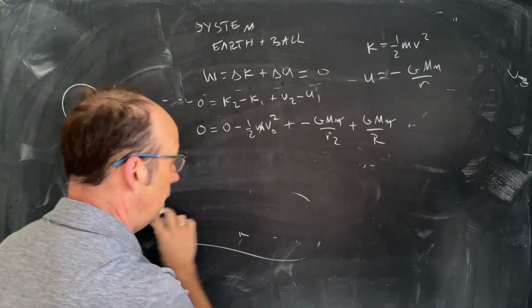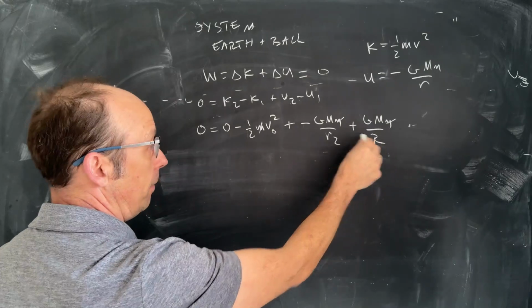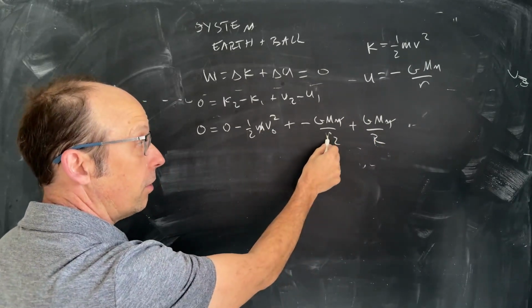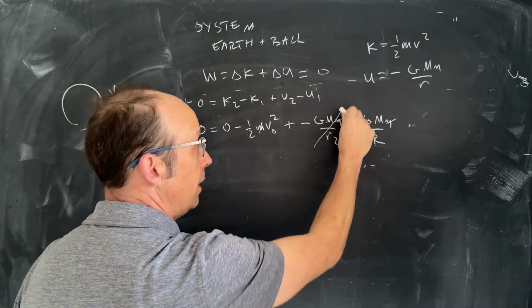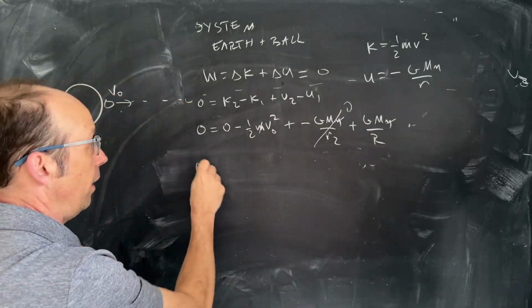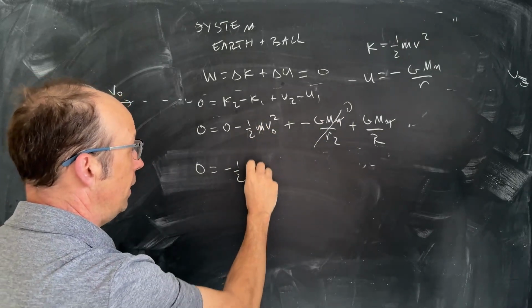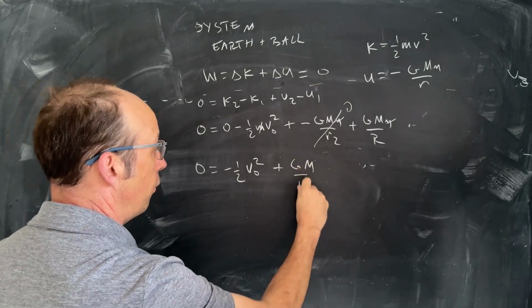So the only difference here is that we start at the same place. We're going to solve for the initial velocity, but here the final position is going to be infinity. So if I let r go to infinity, this whole thing goes to 0. So now I have 0 equals negative 1/2, the masses are already canceled, v0 squared plus GM over r.